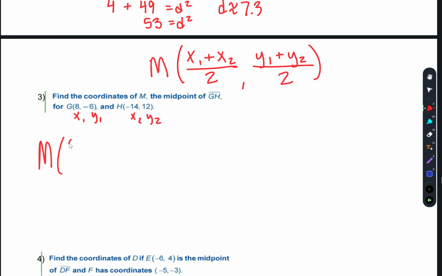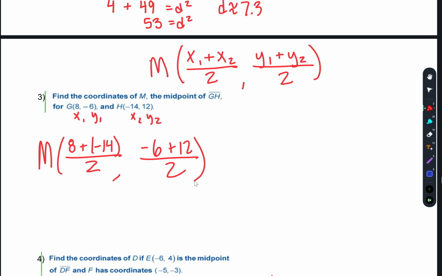So M is 8 plus, we're always adding when we find averages, -14, all over 2. For the y values, it's the average of the y values of my two endpoints, -6 plus 12, all over 2.